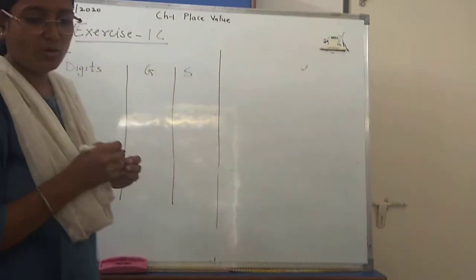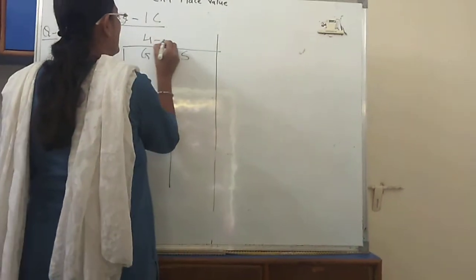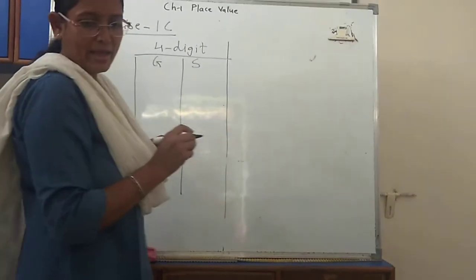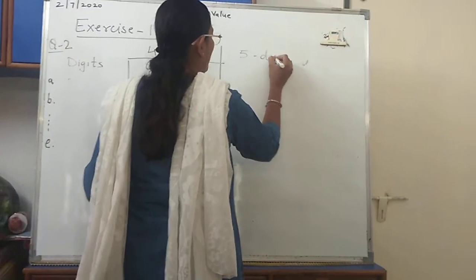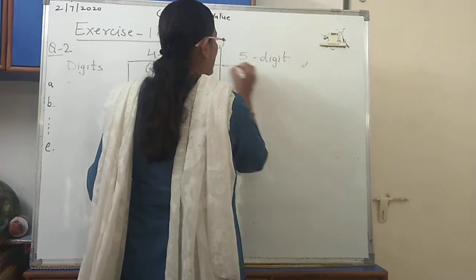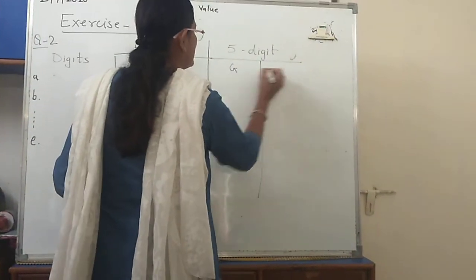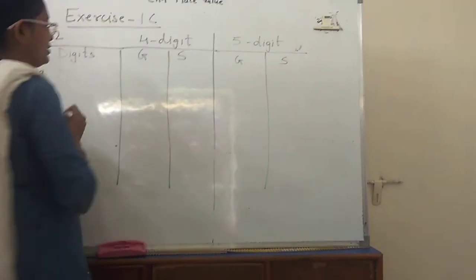Digits are given. Then they have given you one more thing, that is 4-digit number, means we have to build a 4-digit number. And the other way we have to make a 5-digit number. In that also greatest and smallest, right? Like this way they have given you the table.